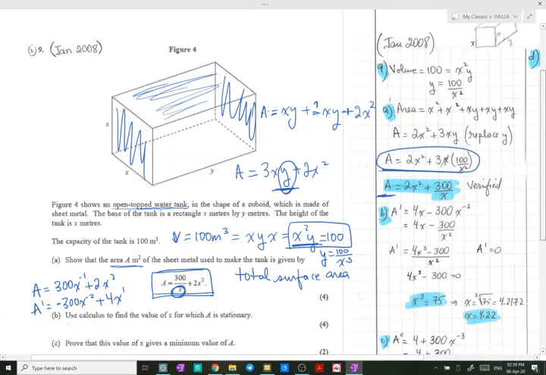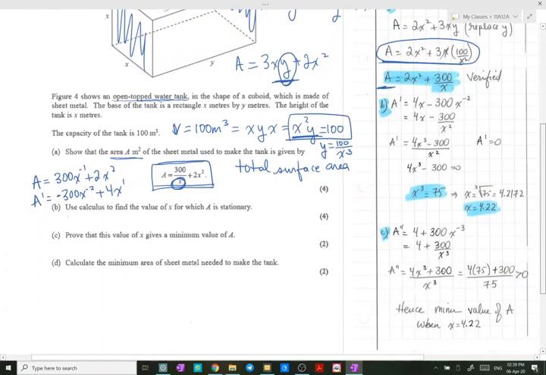Now in order for us to find the value of x, we need to set A prime equals 0. So when you set A prime equals 0, you have to solve for x. So I'm going to solve it here. A prime equals 4x minus 300 over x squared equal to 0. So 4x is equal to 300 over x squared.